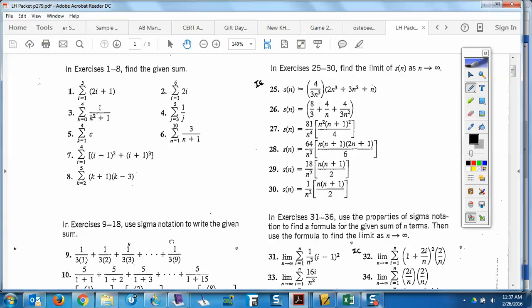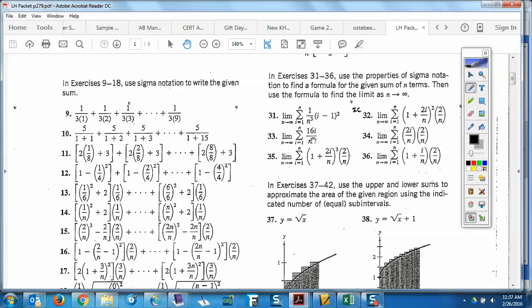And then the last one, there's a couple of them here where you're going to basically do what we did on this one. You're going to say, well, this guy could pull out the 1 over n cubed, which is just a constant, because n's how many rectangles. So the 1 over n cubed I can pull out, I can FOIL this out, and do my summation formulas like I did on the earlier problems, and then at the end do n goes to infinity, right?